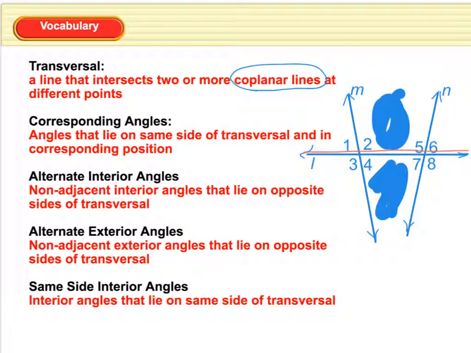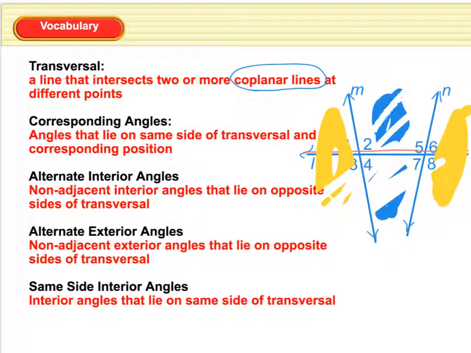And the outside yellow part, that's called exterior. So again, when the transversal cuts through two lines, the part that's sandwiched between the two lines, the blue part, is called the interior. And the part that's beyond the two lines, to the left, to the right, or if we turn this diagram 90 degrees, to the top and to the bottom, those are called exteriors.